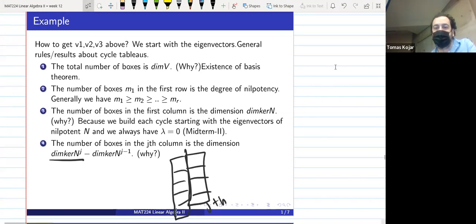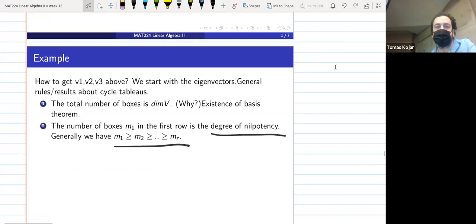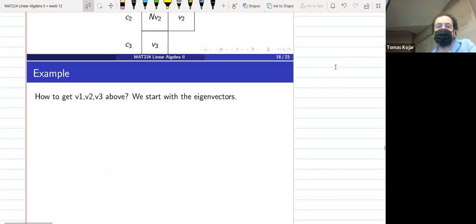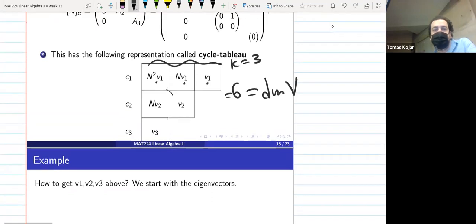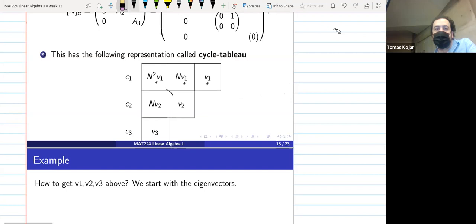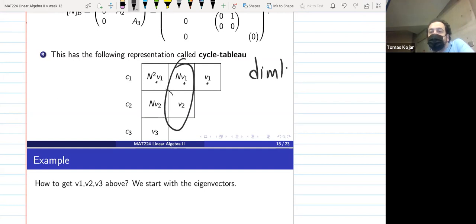Okay, let me go to the example again. I will do an abstract proof, but first I want to. So suppose you want to know that indeed you have 2 boxes here. What would you do? You have the dimension of the kernel of n squared minus, can I not write dim all the time?